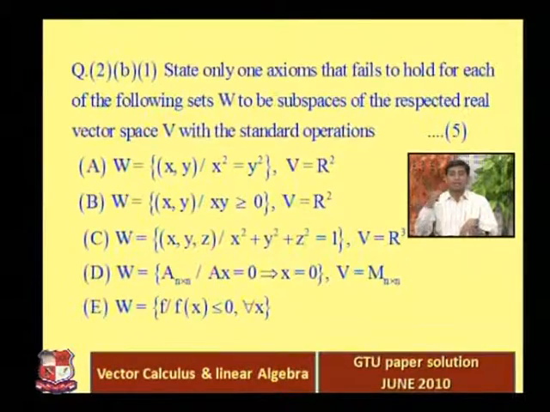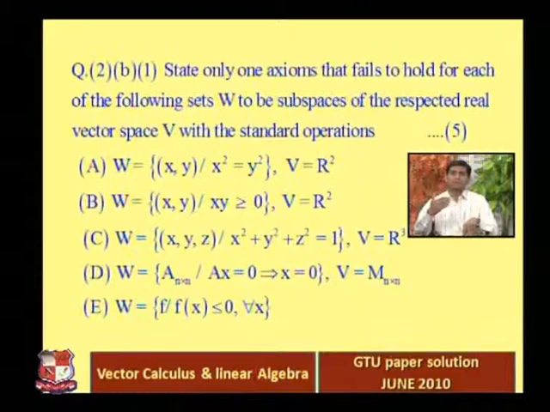So what I am trying to say is that if you want to prove that the given set is a subspace, you have to take general elements: any U and V belonging to W, and prove that U plus V belongs to W. But you already know the answer, that the given sets are not subspaces.